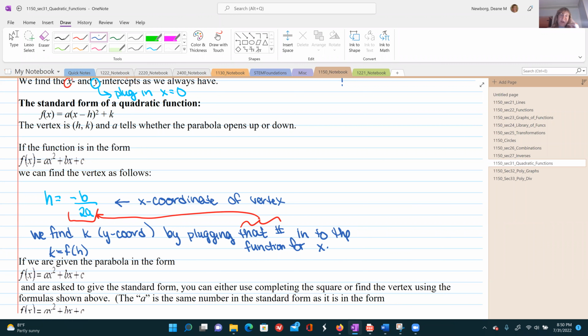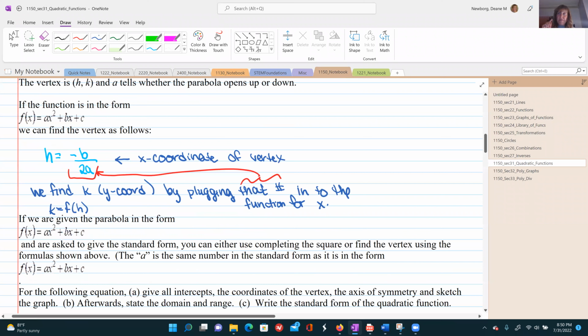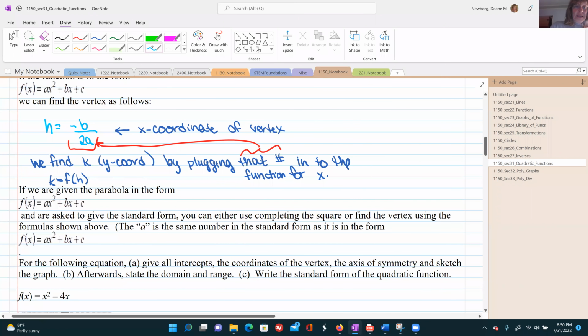If we are given the parabola in the multiplied out form and are asked to give the standard form, f of x equals a times x minus h squared plus k, you can either use completing the square, and that might be what the book walks you through, or how I do it is I just use those formulas above. h equals negative b over 2a.